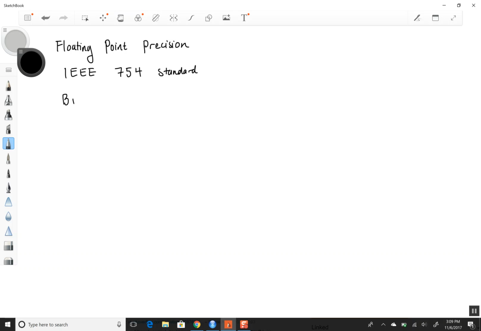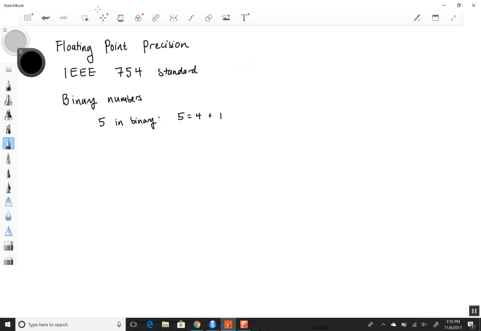Okay, and so let's just talk briefly about binary numbers. I imagine most of you have had some kind of exposure to binary numbers, but just in case, let's say we want to represent the number 5 in binary. We would have something like this. 5 is equal to the sum of powers of 2, and so 5 is equal to 4 plus 1.